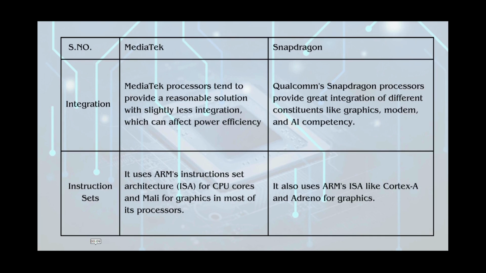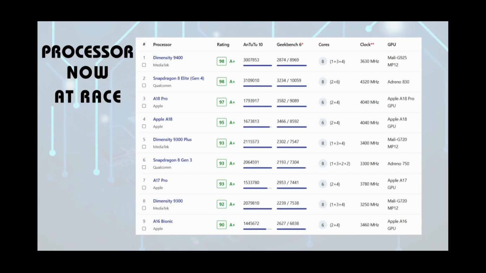Coming to the different processors available now in the market, we have, starting from the Dimensity 9400 and Snapdragon 8 Elite, which were the two processors just released in October 2024. And then we have Apple's A18 Pro and A18. Then we have the Dimensity 9300 Plus, and then Snapdragon 8 Gen 3 and A17 Pro and so on.